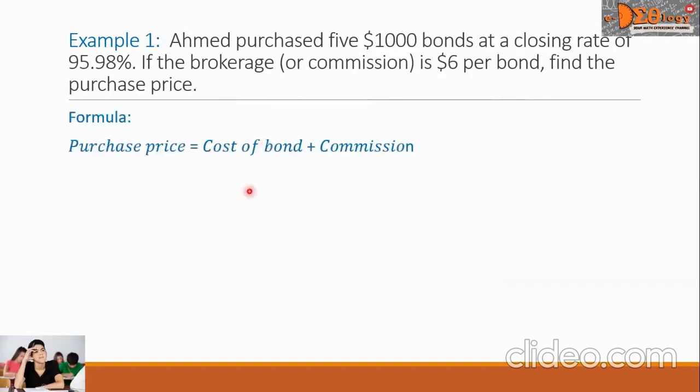First, let us write the formula for the purchase price. This is equal to the cost of bond plus the commission. Next, we will write the formula for the cost of bond. And this is equal to the number of bonds times the face value times the interest rate.